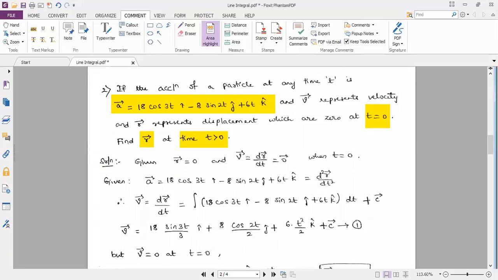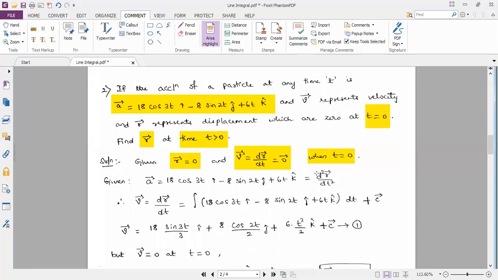Let us analyze the data. Firstly, it is given that the displacement r is equal to 0 and the velocity v, which is given by dr by dt, is equal to 0 when t is equal to 0. Now, given the acceleration expression, vector A is equal to 18 cos 3t i minus 8 sine 2t j plus 6t k.